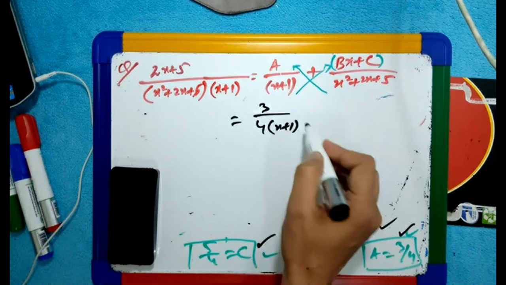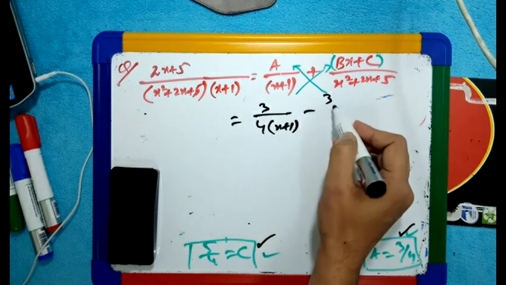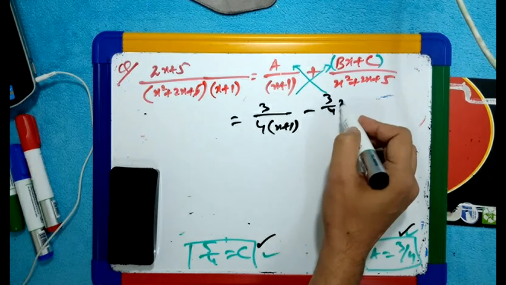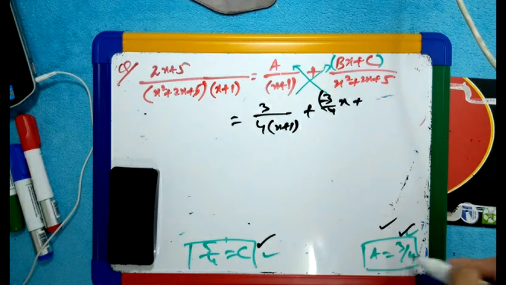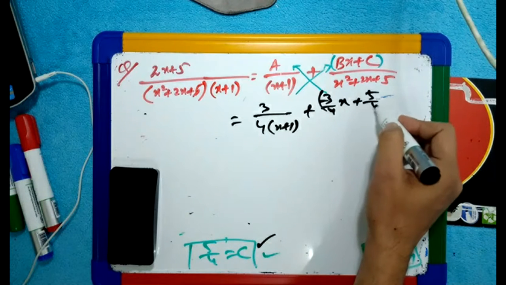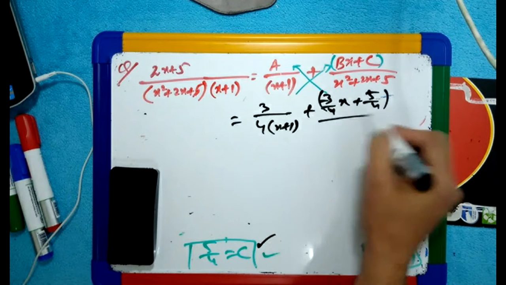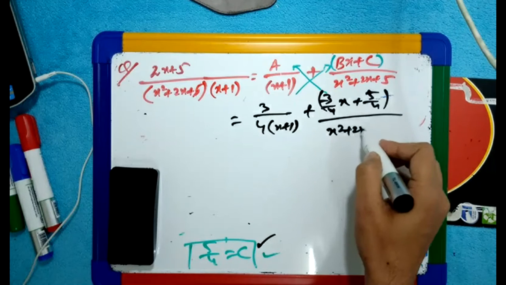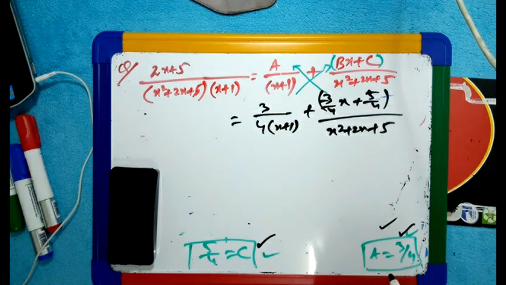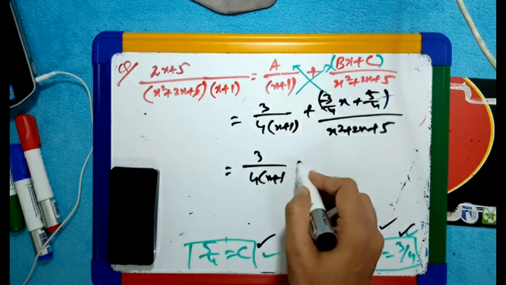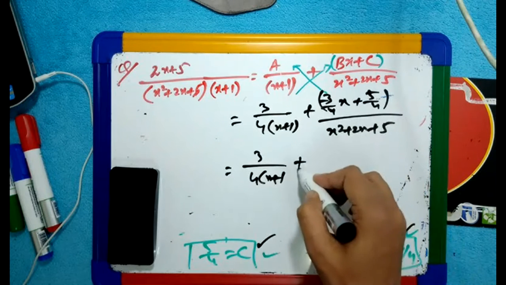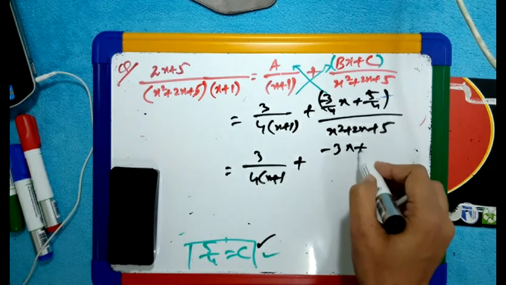And b was minus 3 over 4 x, minus 3 over 4 x plus c, which was 5 over 4, divided by x squared plus 2x plus 5. Finally, you can write it like this: 3 over 4 times 1 over x plus 1, plus minus 3x plus 5 divided by 4 over x squared plus 2x plus 5. Like this you can do.